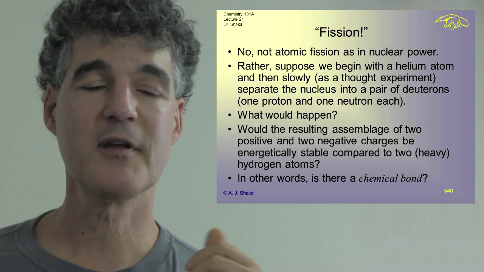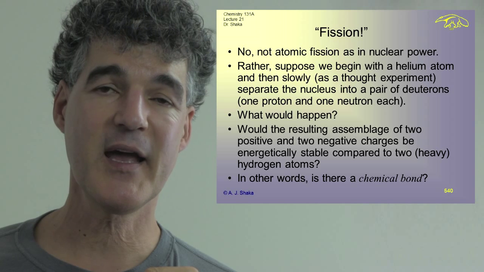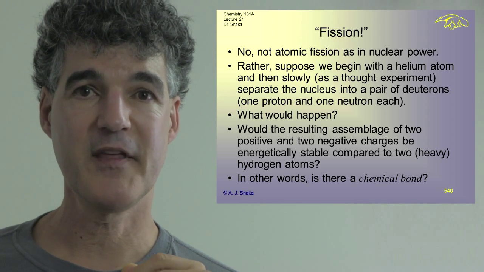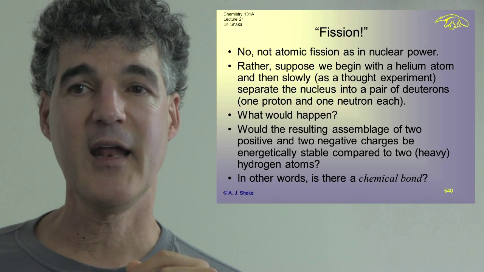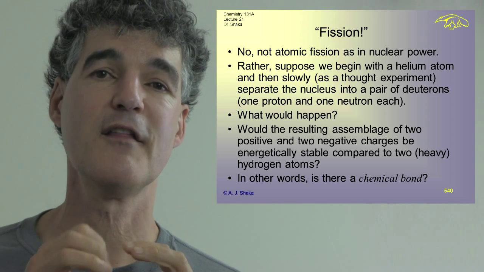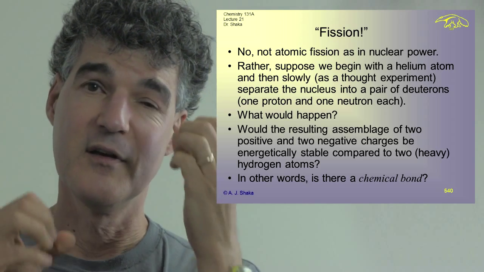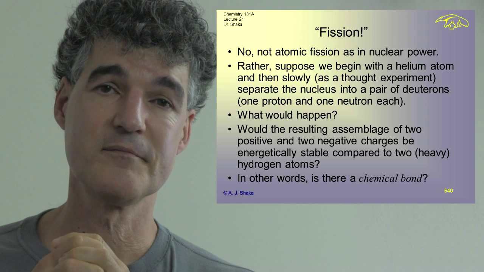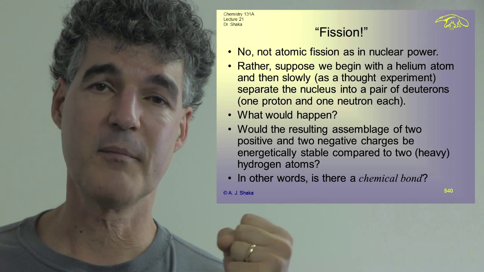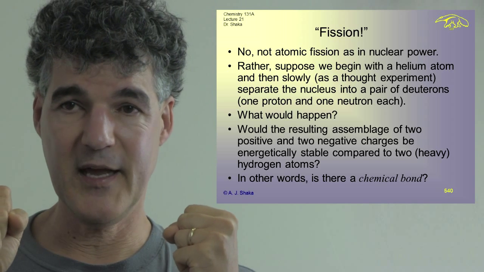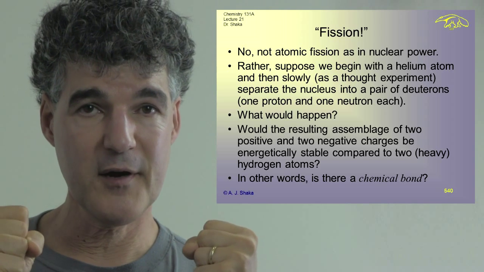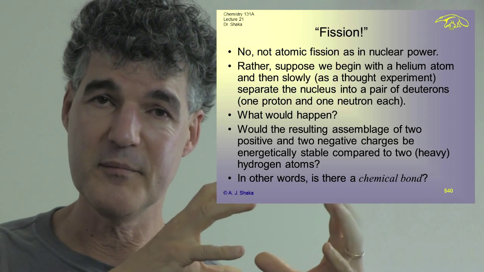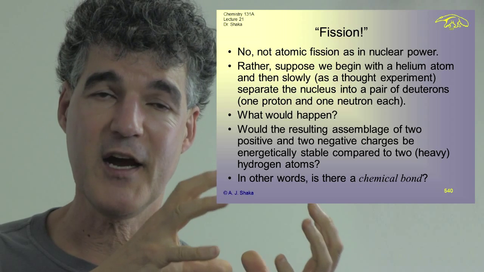The neutron we don't care about; it changes the reduced mass. But the question is, what would happen if we did that experiment? Would the resulting thing, which has two positive charges and two electrons, be energetically stable compared to two deuterium atoms, which is just a heavy hydrogen atom?